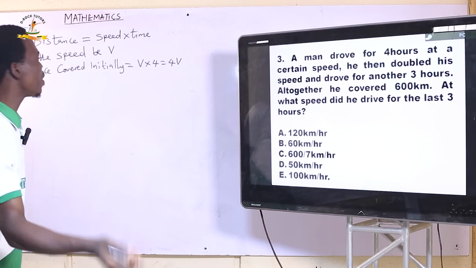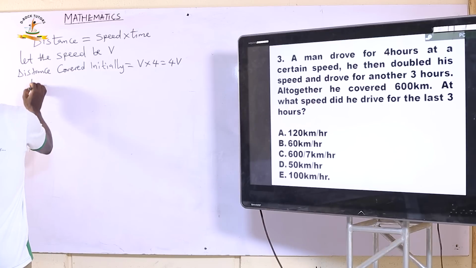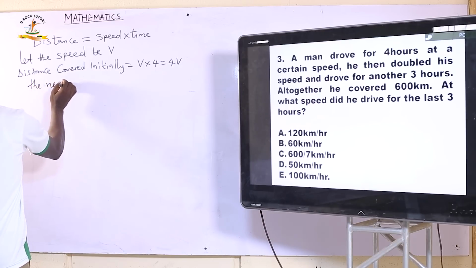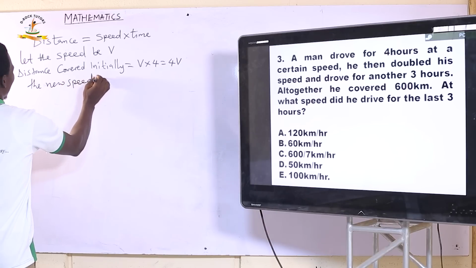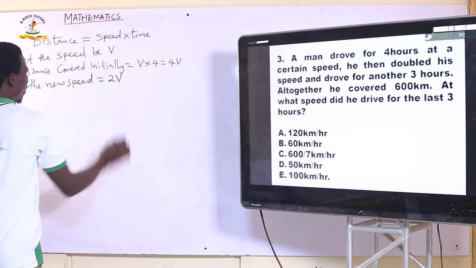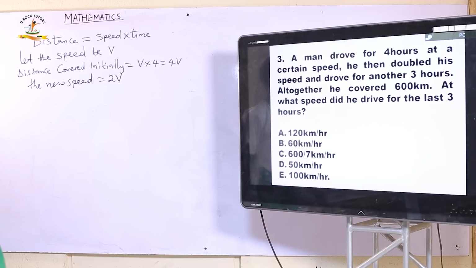He then doubled his speed. So when he doubled his speed, the new speed becomes double, multiplied by 2 of the initial speed. So it becomes what? 2V. And he did this for another 3 hours.